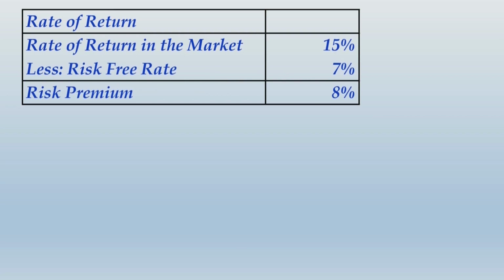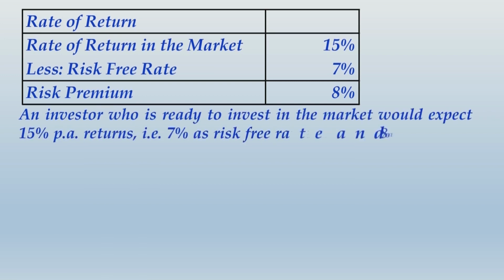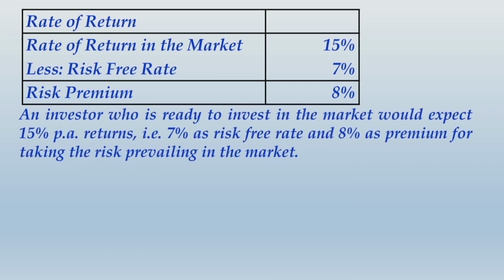It is 15 minus 7 that you obtain as 8%. An investor who is ready to invest in the market would expect 15% per annum returns, that is 7% as the risk-free rate and 8% as the premium for taking the risk prevailing in the market.